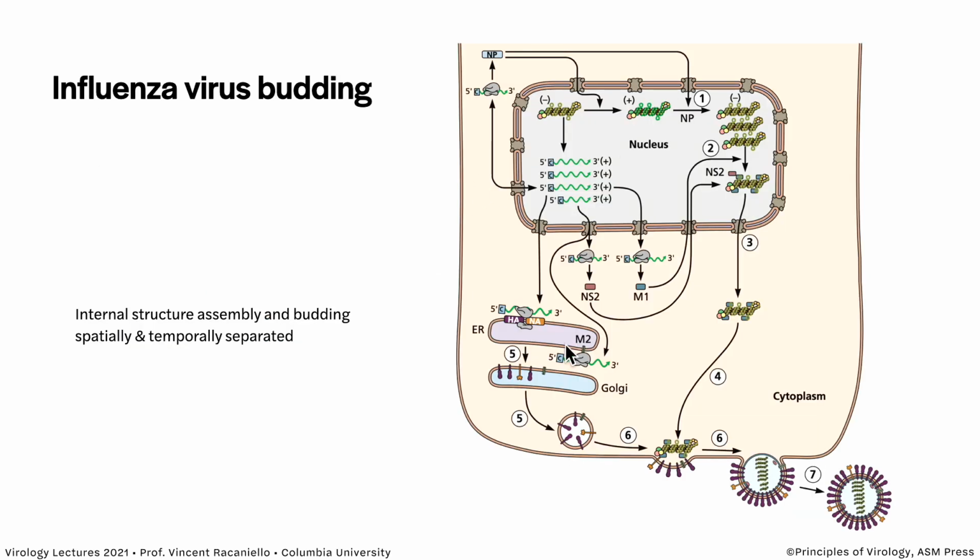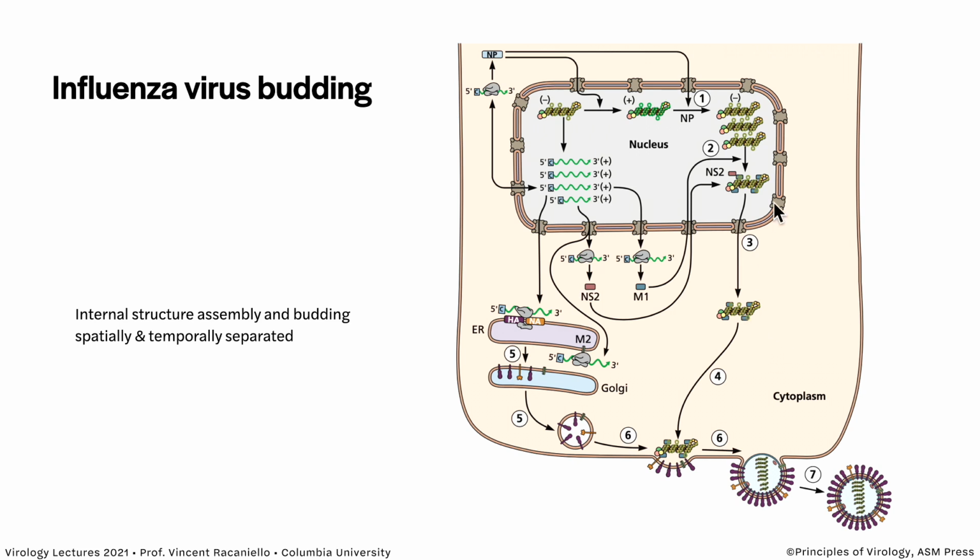Here's influenza virus budding. And again, this is an example of concerted assembly. We have two separate parts assembled: the internal structure, the RNP, is made, and then this all makes a particle at the end, the concerted part.